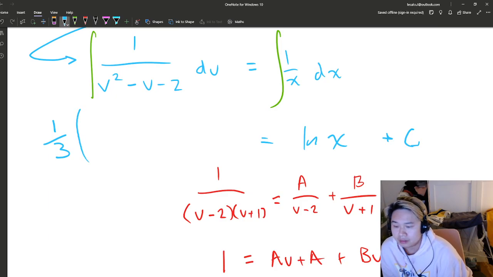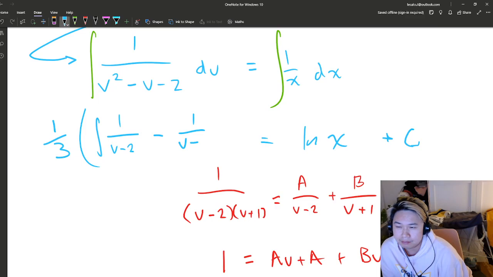And then I'm just doing the integral of 1 over V minus 2 minus 1 over V plus 1, and then put the dv somewhere, something like this.